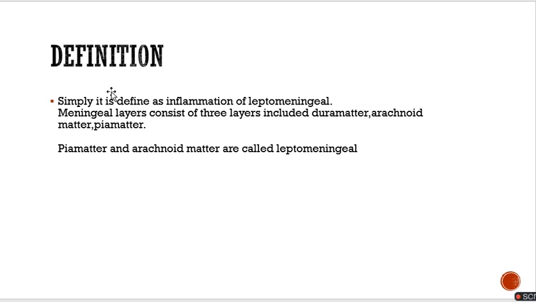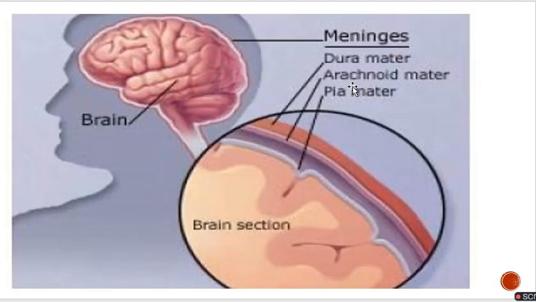This is the main meaning of this definition. The dura mater is least likely to be involved. So this is the anatomy of how the meningeal layers are affected. First of all, I would like to talk about the basic structure, and after this you will easily understand what's going on in this disease or condition.